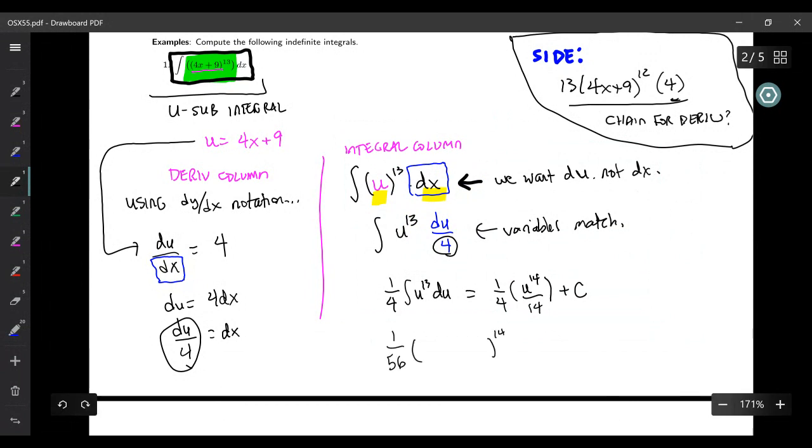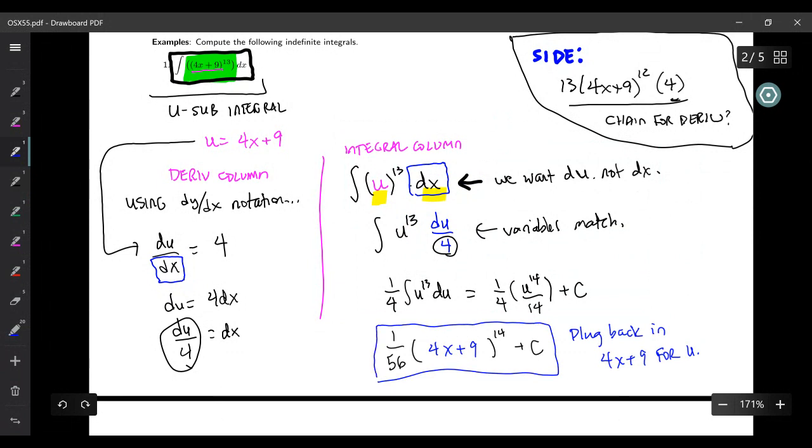And then last step here, you back substitute. Right, so 4x plus 9 goes in right there. And so that would be my integral.